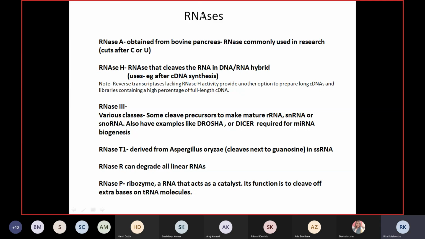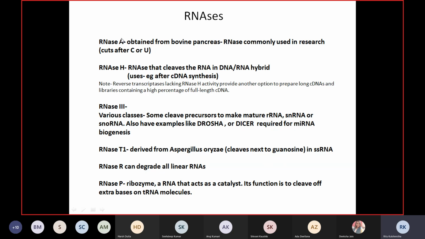With respect to RNases, I told you that they cut RNA. RNase A is obtained from the particular source written here, and it generally cuts after C or U. Similarly, RNase T1 is derived from Aspergillus oryzae, and it cleaves next to guanosine.